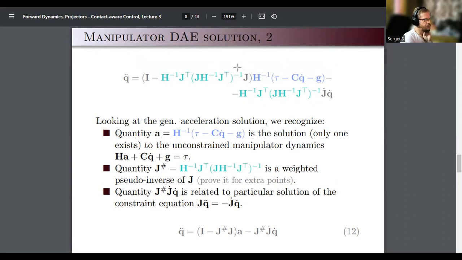So first of all, there is this quantity here, which, if you look at it carefully, is a solution to the manipulator equations without constraints. If we had manipulator equations without constraints, we could write it out like this and solve it like this, right? Interesting.